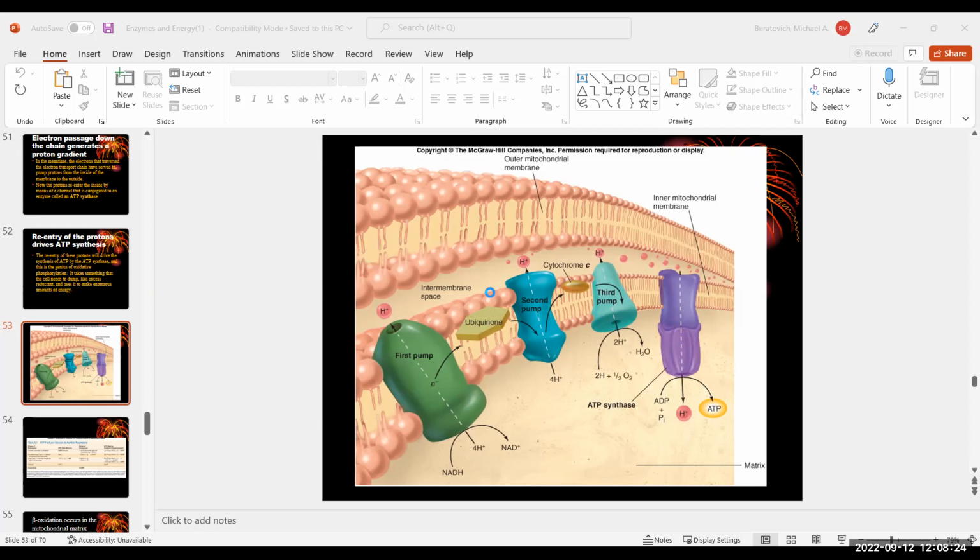So the Krebs cycle also makes precursors for biosynthesis. So it is a so-called amphibolic pathway, A-M-P-H-I-B-O-L-I-C, because it's used to break things down, but it also makes precursors to make things.